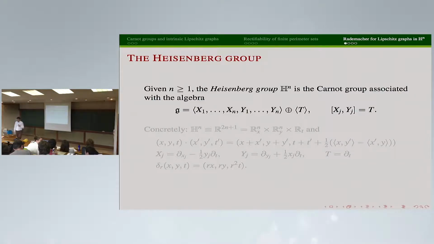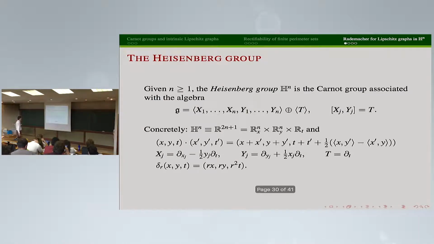So the second problem I wanted to discuss concerns a Rademacher theorem for Lipschitz graphs, now in the very restricted setting of the Heisenberg group. As you know, the nth Heisenberg group, Hn, is 2n plus 1 dimensional. Its Lie algebra has a first, horizontal layer which is 2n dimensional.